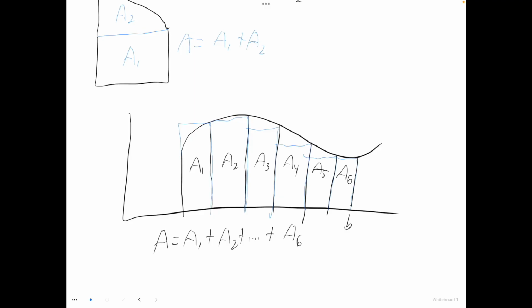So if we use these 6 rectangles, we can approximate the areas of A1, A2 through A6, and then add those up, and we get an approximation for the actual area. It's just this idea: break it up into pieces, approximate those pieces with rectangles, and add up the areas of the rectangles to get an approximation.